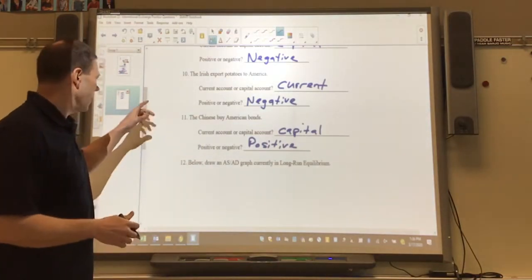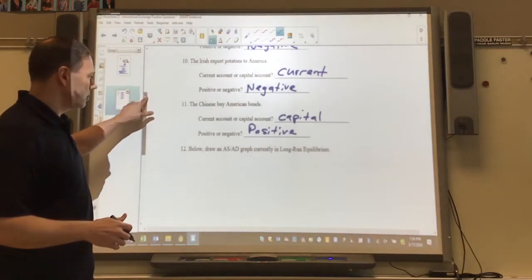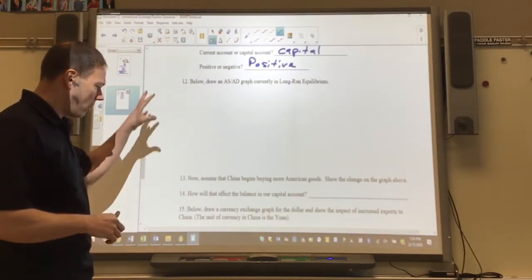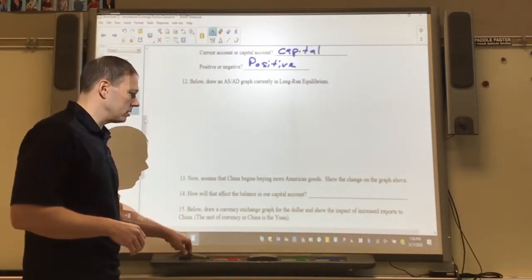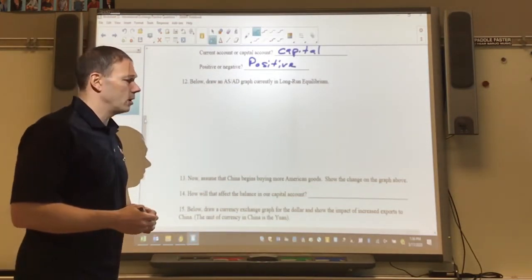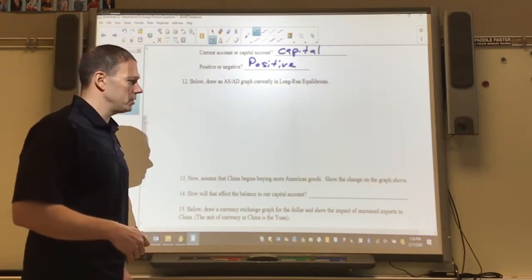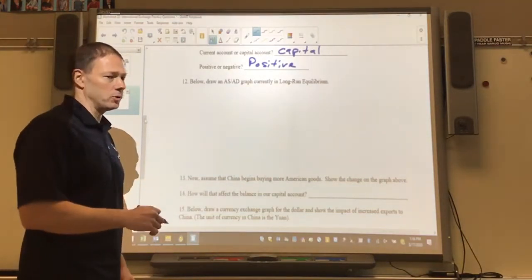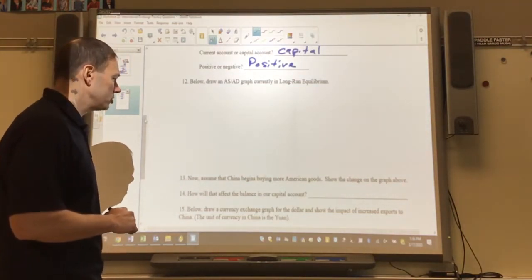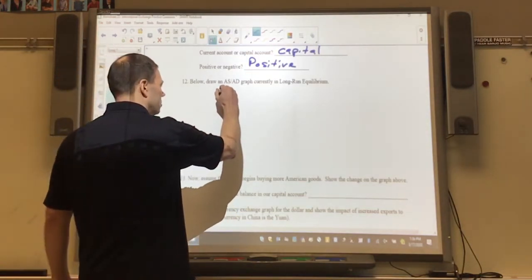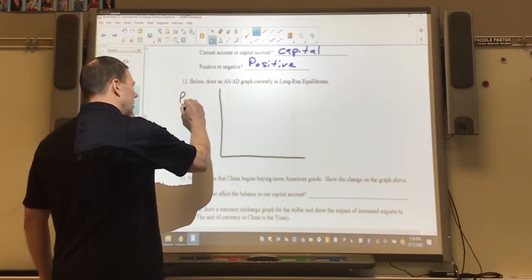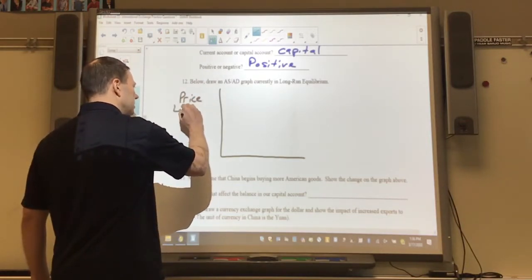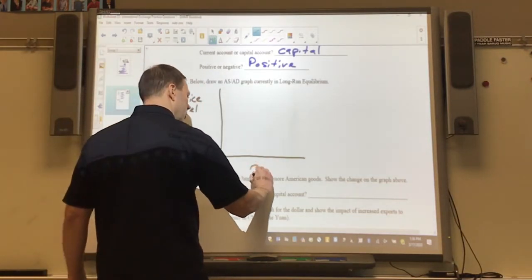Hopefully that makes sense. Now, real quick, let's end this worksheet with a little discussion of how trade affects both aggregate supply, aggregate demand, as well as currency exchange, which tomorrow's worksheet is going to be a little bit more detailed with, but you get a refresher right here. So, aggregate supply, aggregate demand, remember our labels: price level on this axis, real GDP down here.